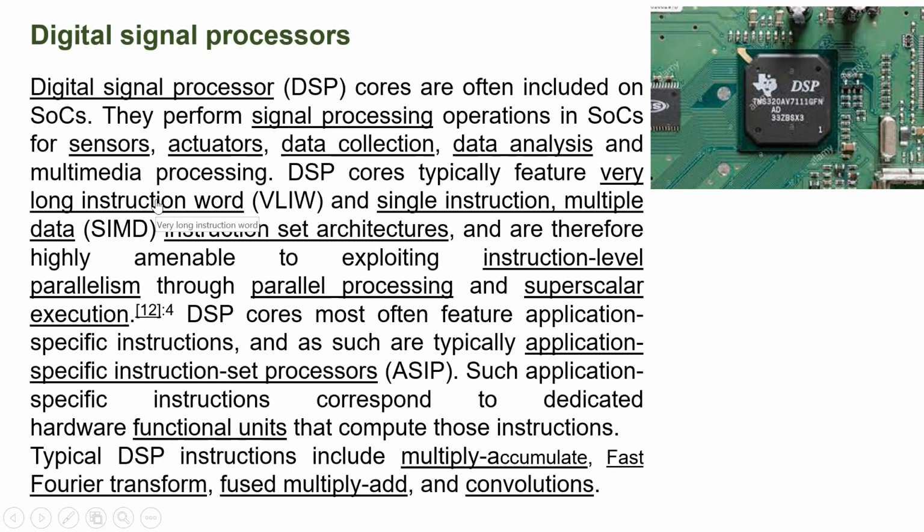Such greater length instructions are called very long instruction word. And they follow the architecture which is called single instruction and multiple data. That means if there is a single instruction, multiple data are applied to this single instruction. This type of architecture is called SIMD architecture.